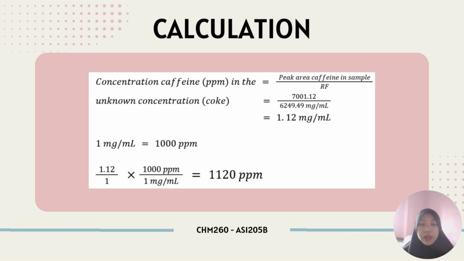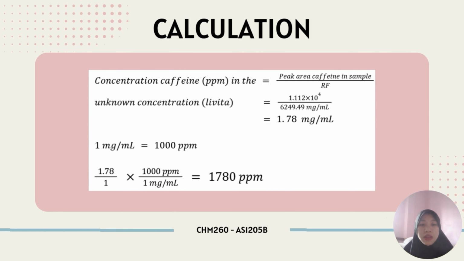To express this value in ppm, we apply the conversion factor where 1 mg per milliliter is equivalent to 1000 ppm. As a result, the caffeine concentration in the sample is calculated to be 1120 ppm.